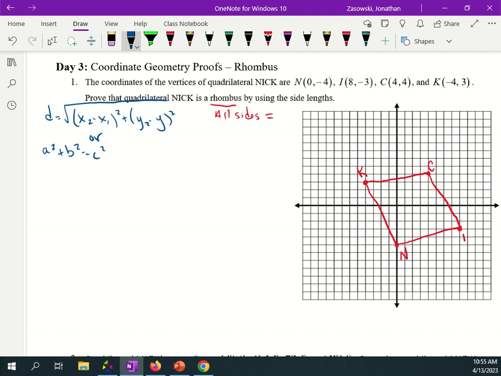If we're using Pythagorean theorem, remember we're going to draw in our rise and run to make our right triangles. And if you notice that this side length of the right triangle to form CI and KN is, I can already tell that I have an error because I went down 5 units instead of 4. 1, 2, 3, 4.